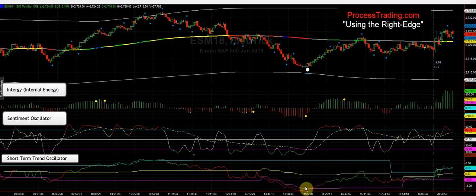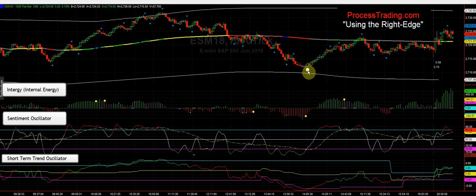The slope downward has leveled off here, and the short-term trend line is starting to come up through the bottom. So this is clearly a change in the discretion of the trading community, and they're going to take it to the upside. And we see that in the energy, which is starting to wane and go towards positive energy.